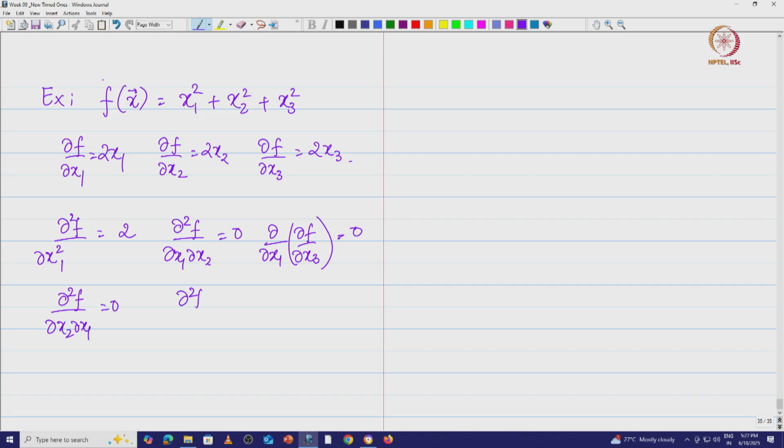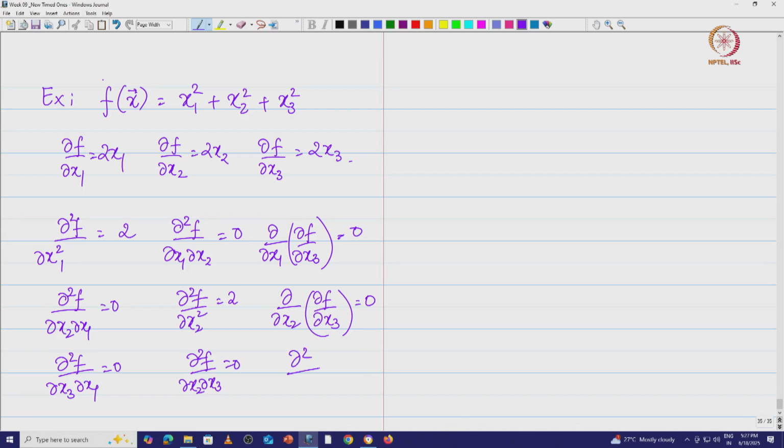Then ∂²f/∂x2² is 2, ∂/∂x2 of ∂f/∂x3 is going to be 0 here. Then I have ∂²f/∂x3∂x1, which is 0, ∂²f/∂x2∂x3, which is 0, ∂²f/∂x3², which is basically 2.